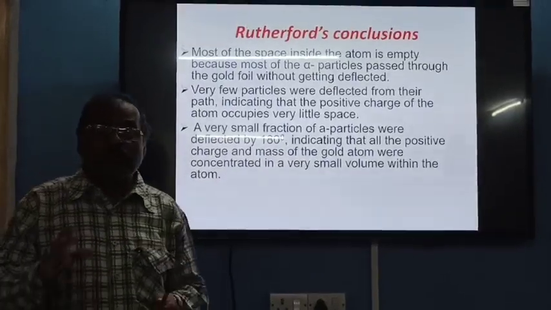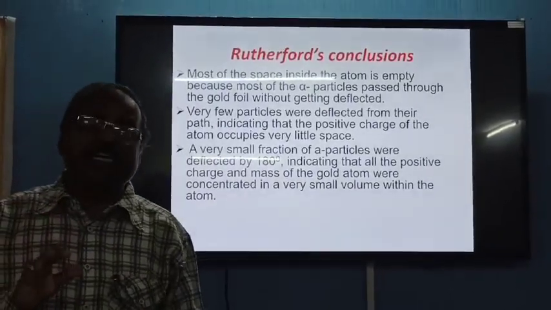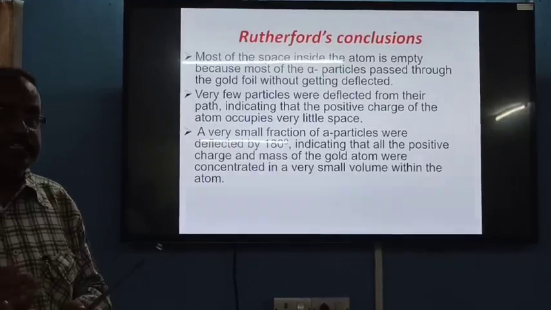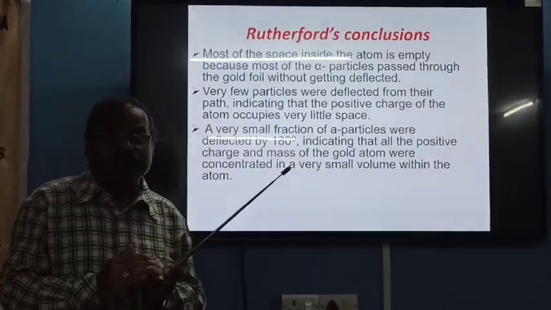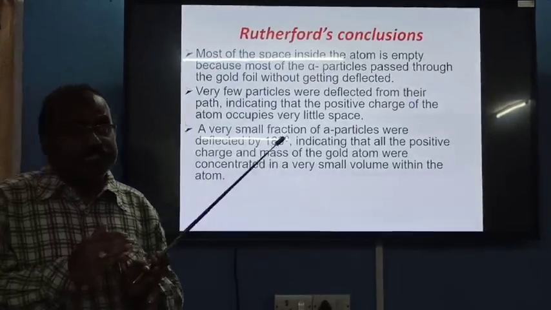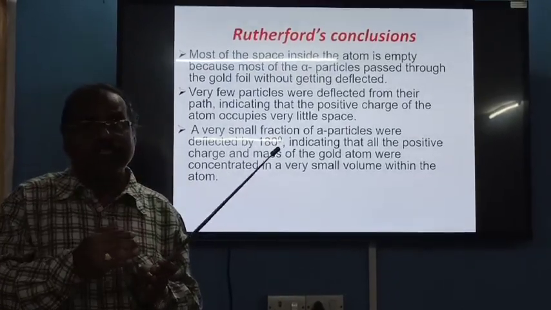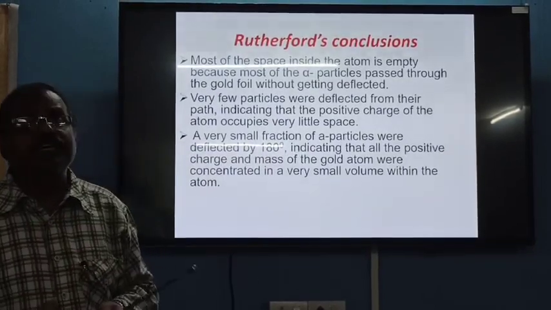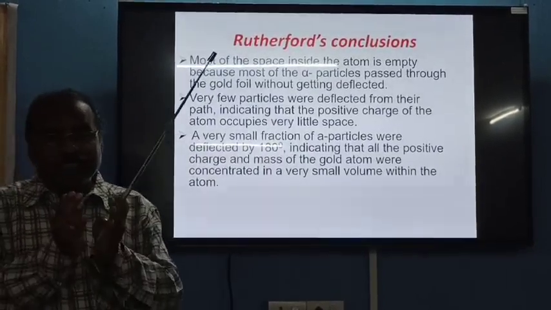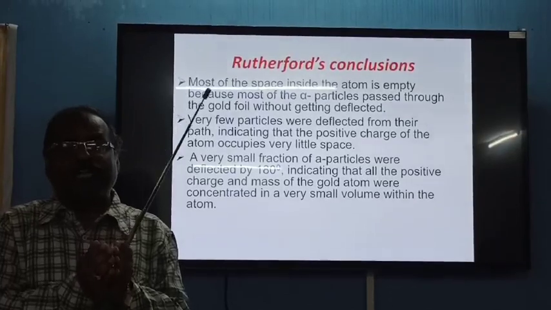What is the second one? Very few particles get deflected. This indicates that, because we are passing helium 2 plus particles, inside there may also be positive charge. The particles passing nearby the positive charge get deflected. So the positive charge is only in one place.